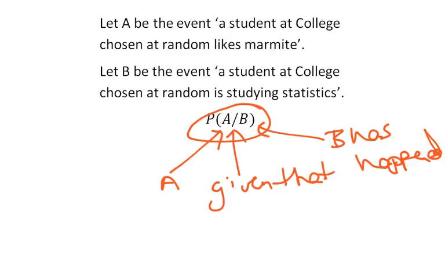The probability that A is going to happen, given that B has happened, means that your world has got smaller. We're no longer considering all the students in the college. We know that we have a student that is studying statistics. That has happened. That is given. And now we want the probability that a student likes Marmite, given that they are a student who is studying statistics. There is a formula that you will see later on that helps you to calculate this.